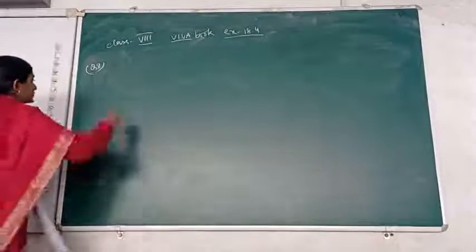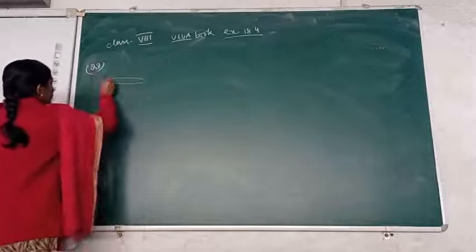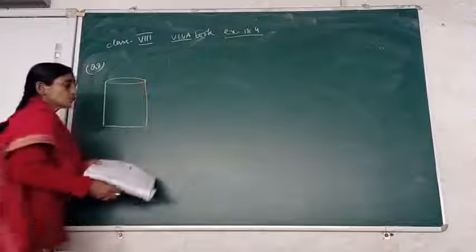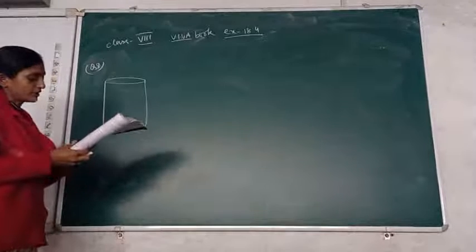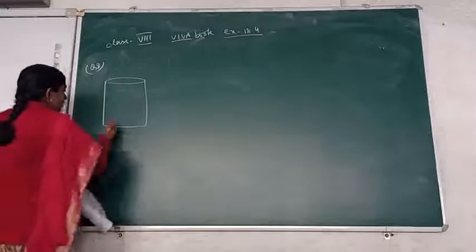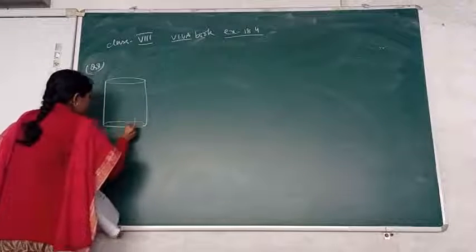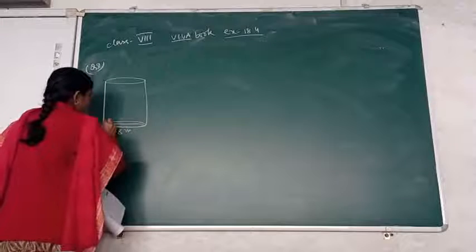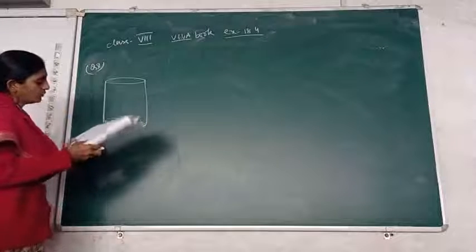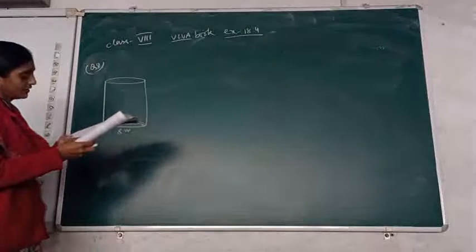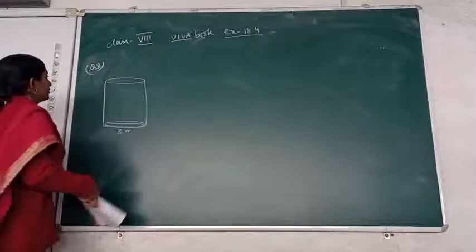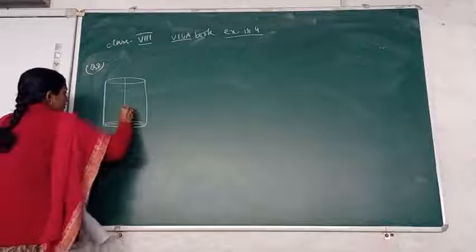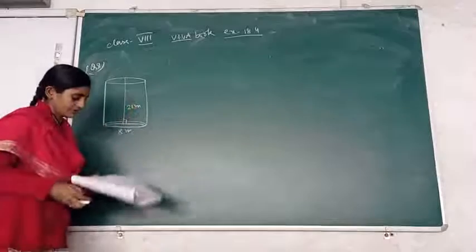So that means we are going to dig a cylindrical well. Its diameter is given, equal to 8 meter. With that one more thing is given, it is 21 meter deep. So that height is 21 meter.